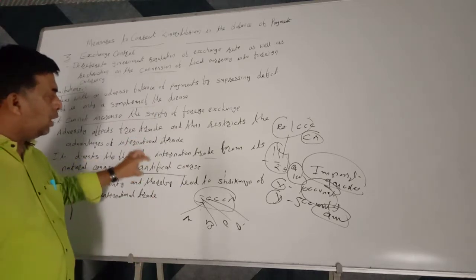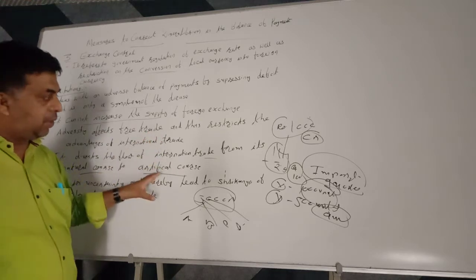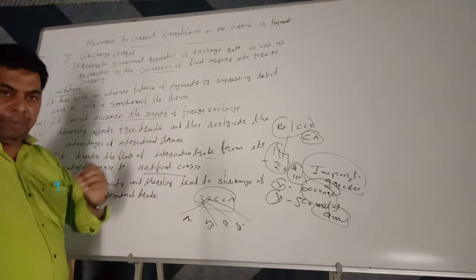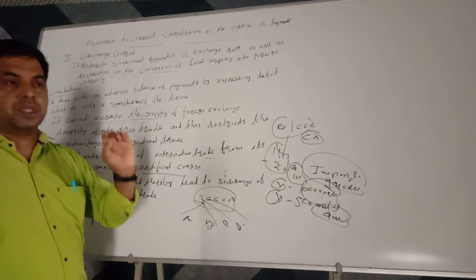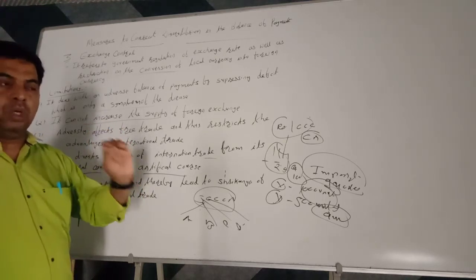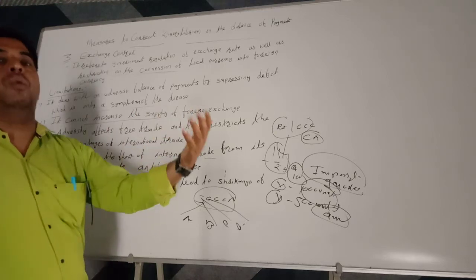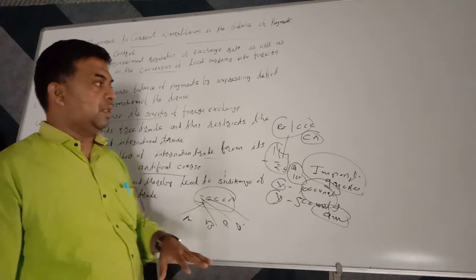And you are not getting the advantages of international trade by studying comparative cost advantage. Comparative cost advantage theory क्या कहती है कि you should produce only those goods and services in which you have comparative cost advantage. Otherwise you should import from the foreign countries.